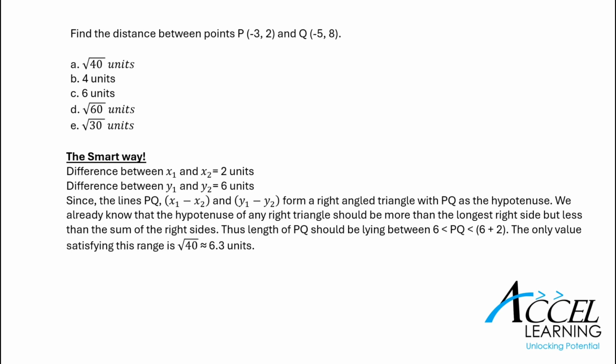Thus, the length of PQ should be lying between 6 < PQ < 6 plus 2. The only value satisfying this range is root of 40, which is approximately 6.3 units. Therefore, the answer is letter A.